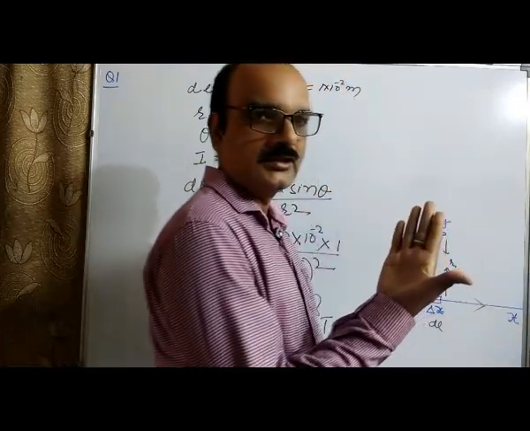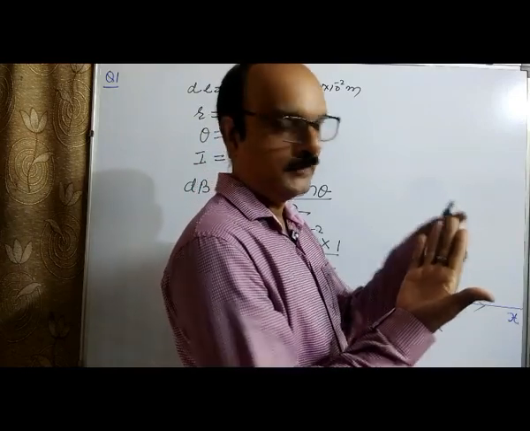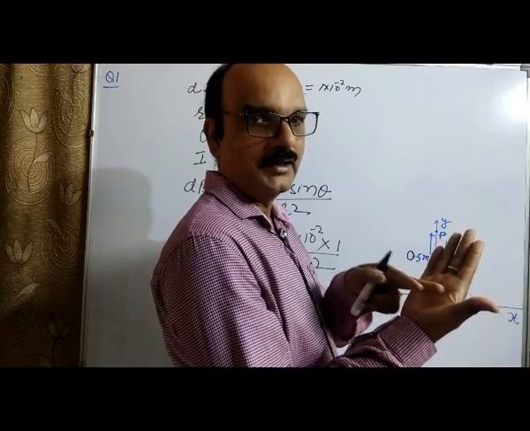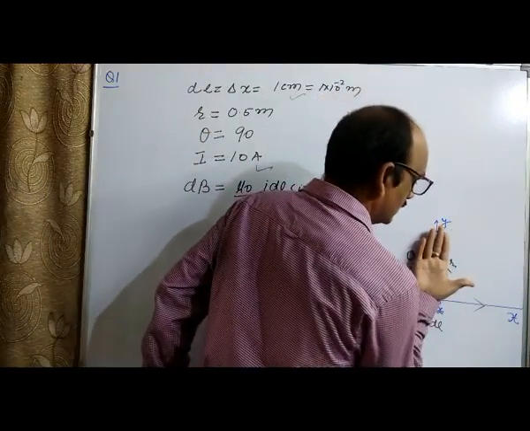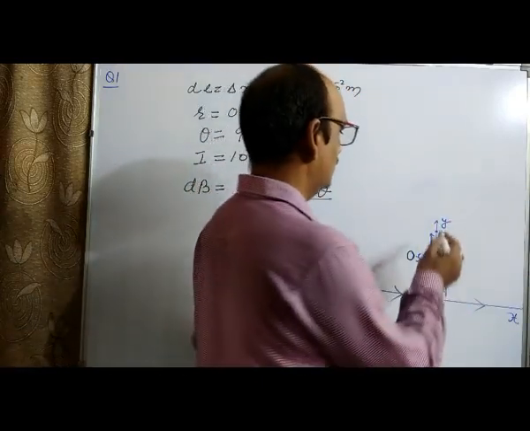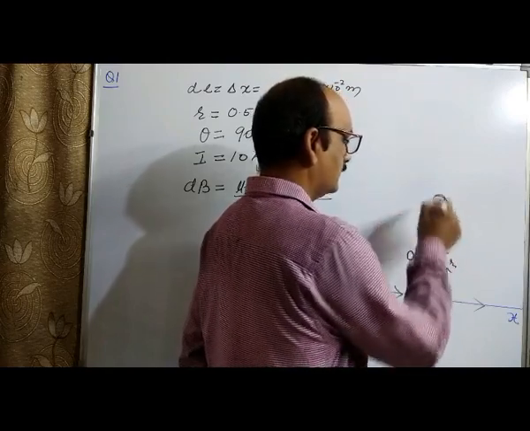Thumb in the direction of the current, fingers are pointing where you have to find the magnetic field. This palm will give the direction of the magnetic field. This will be outward direction. Magnetic field will be outward direction.